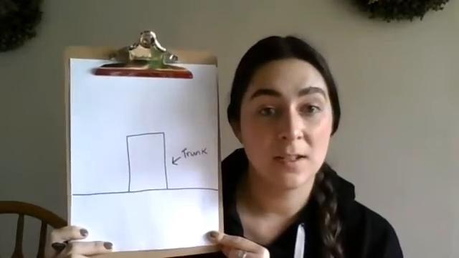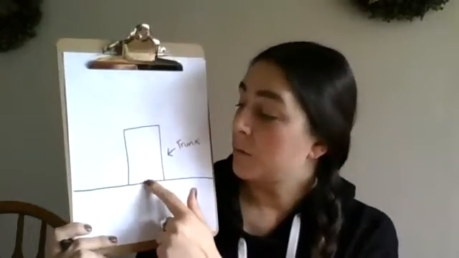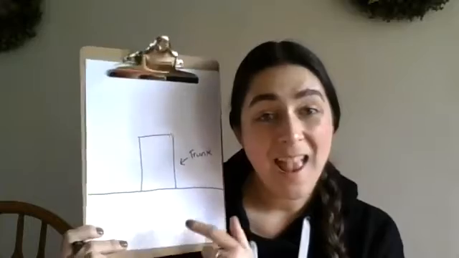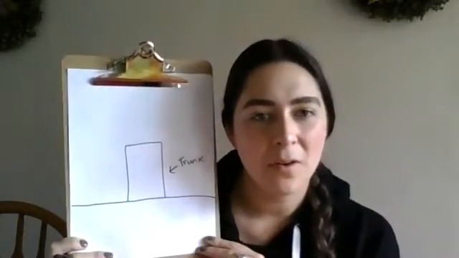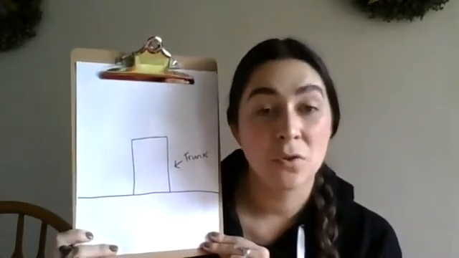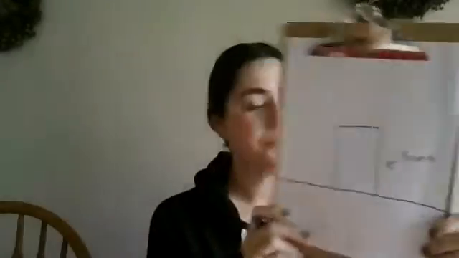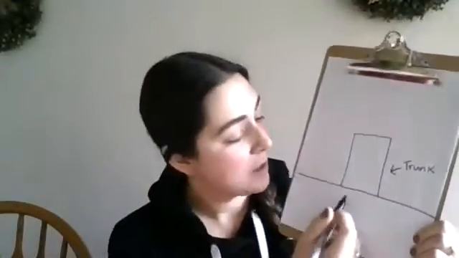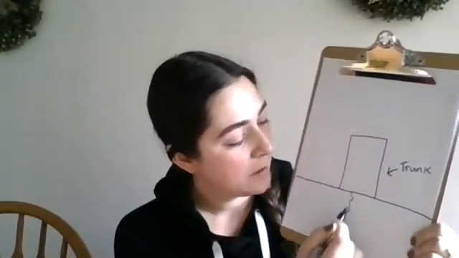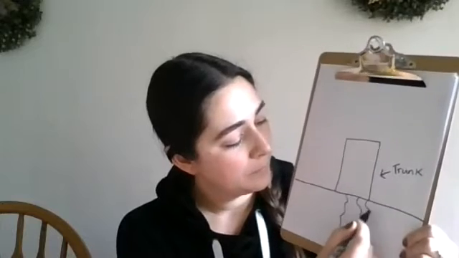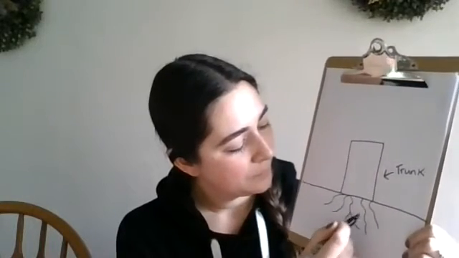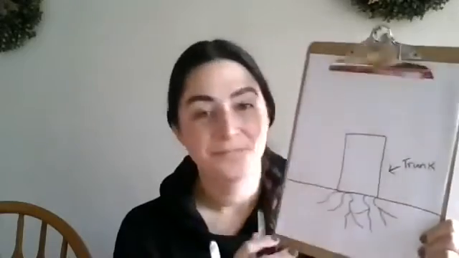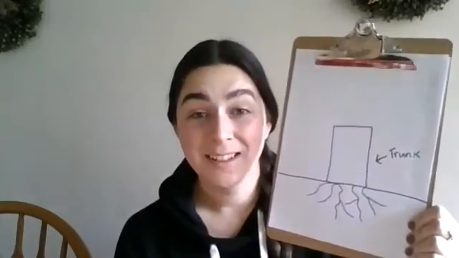The root system of the tree grows beneath the soil, and they help hold the tree up. And they also drink the water that the tree needs to grow. To draw my roots, watch me here. Our roots.